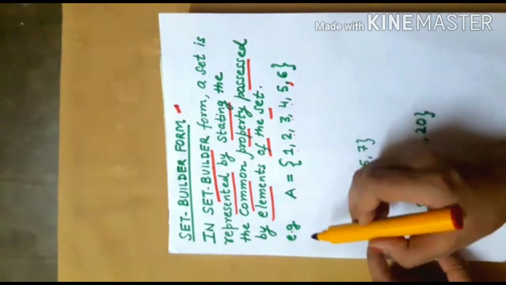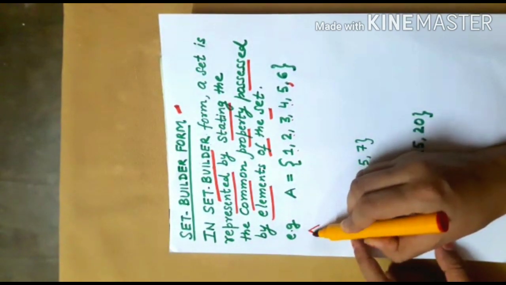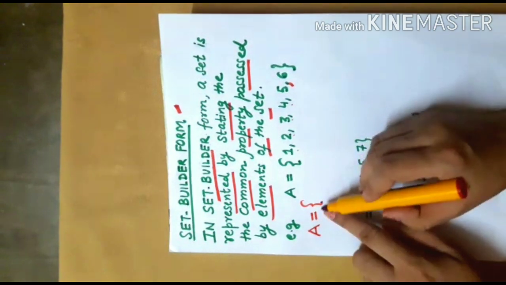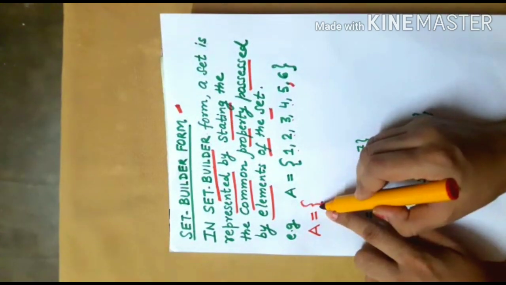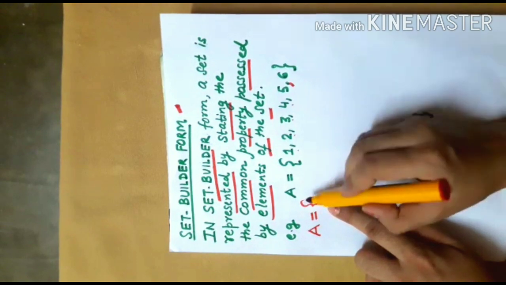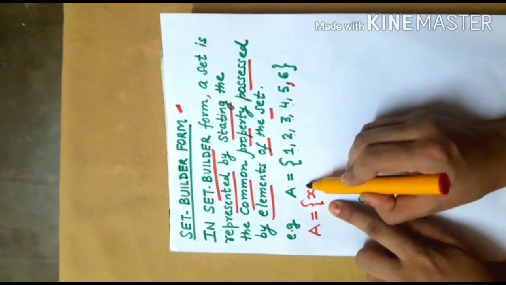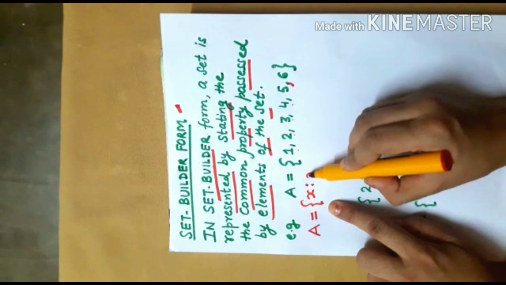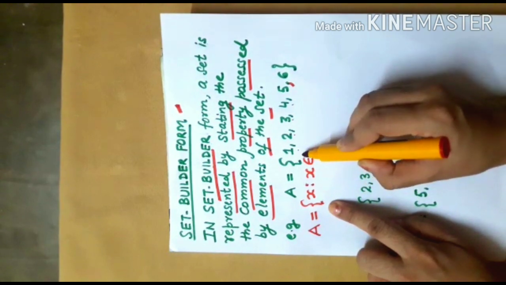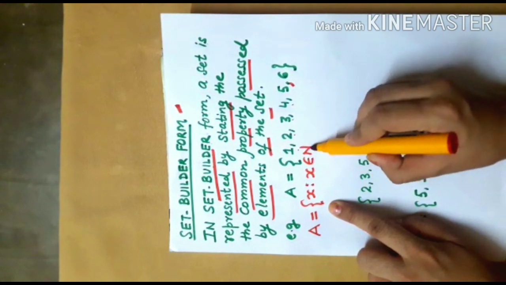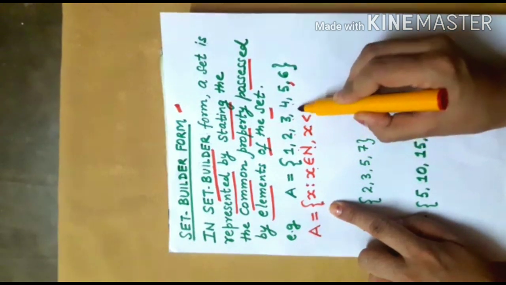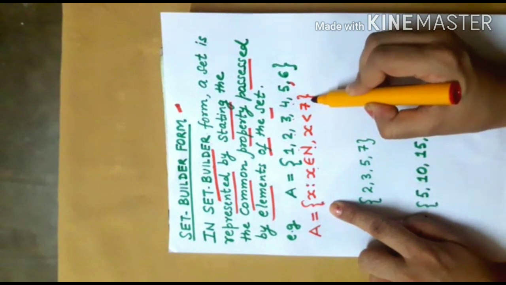So, I can represent this set as A = {x : x ∈ N, x < 7}. This curly bracket means the set consisting of all x, followed by a colon, and this stands for such that, x belongs to N, that is x is a natural number and x is less than 7.